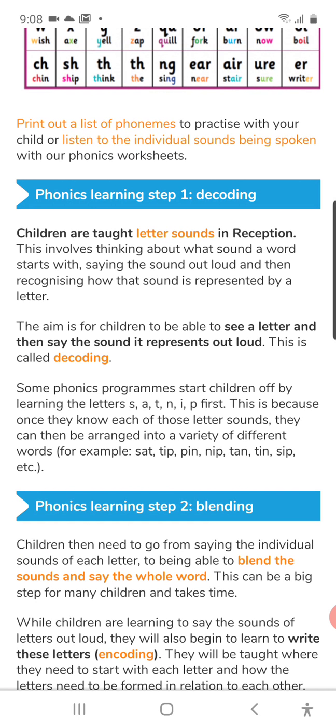Some phonics programs start children off by learning the letters s, a, t, p, i, n first. This is because they know each of those letters and they can be arranged into a variety of different words. For example, sat, tip, pin, nip, tan, tin, or sip, which we call CVC.